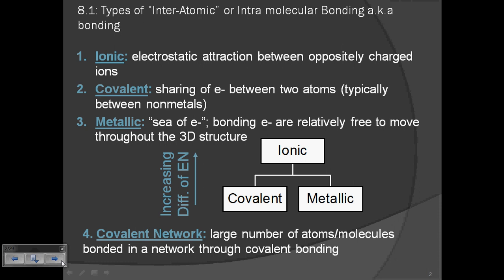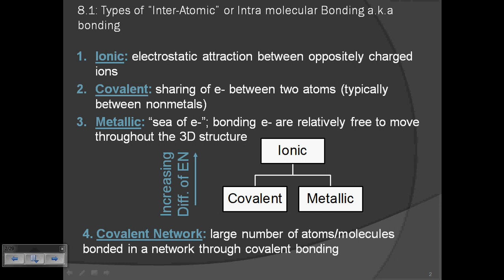Intramolecular bonding is what brings the atoms or ions together to form one unit, like a molecule or a formula unit for an ionic compound, as opposed to intermolecular bonding, where the already formed molecules further attract each other, or already formed formula units further exhibit forces of attraction via intermolecular forces. So this podcast focus is on interatomic or intramolecular bonding.